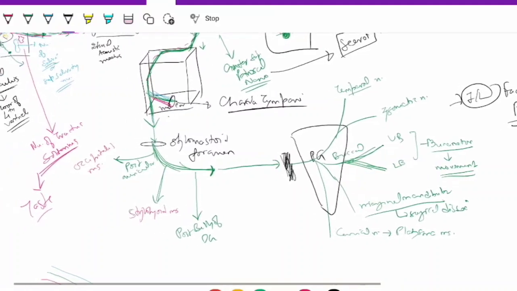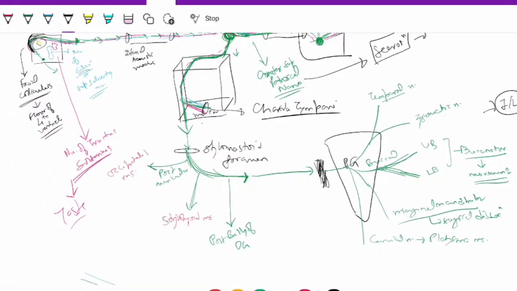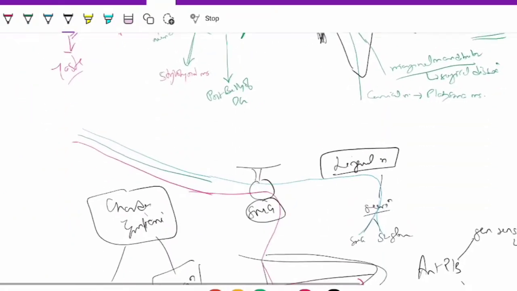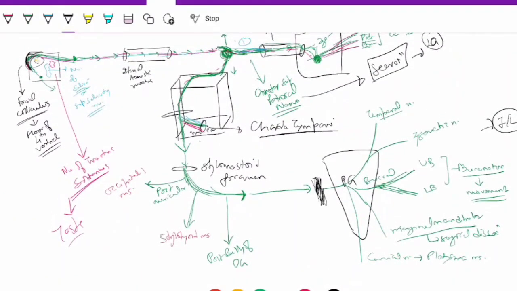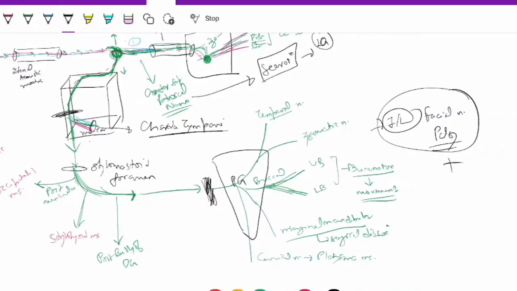Okay, so we'll do one more thing. We'll go a little up and we'll see what it does. Let's say it affects at the level of the hair, before chorda tympani exits. So it will affect chorda tympani. So these features will be there. Along with that, chorda tympani will also get damaged. So there will be no taste and decreased secretion, right?